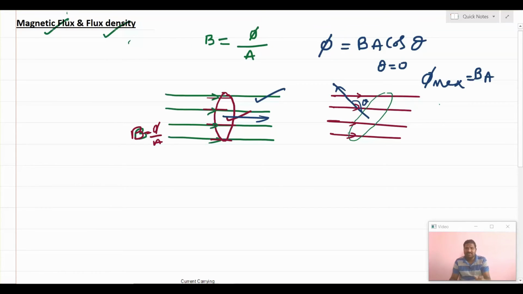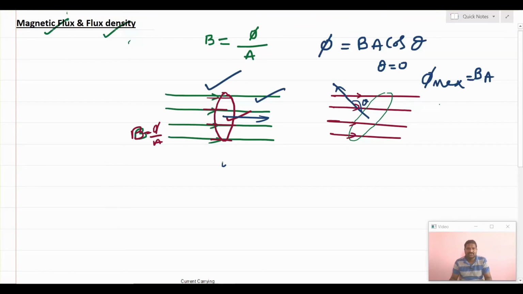So when theta is 0, the axis of the coil makes 0 degrees with the magnetic lines, a dot product. When theta is equal to 0, it means the magnetic lines are parallel with the axis of the coil.